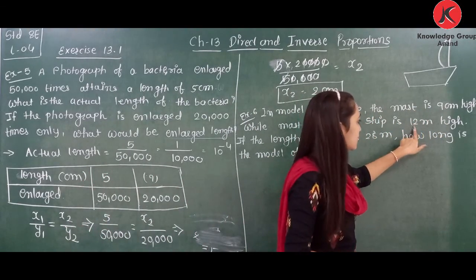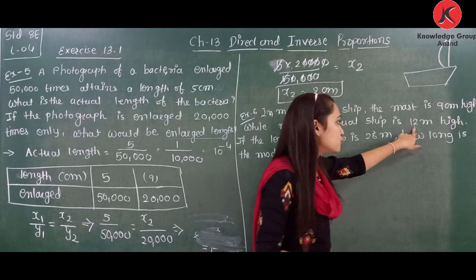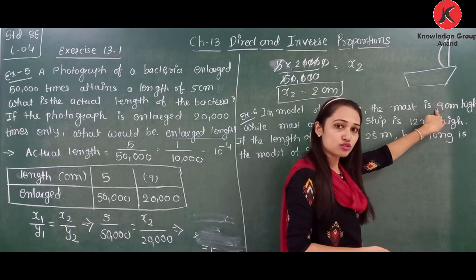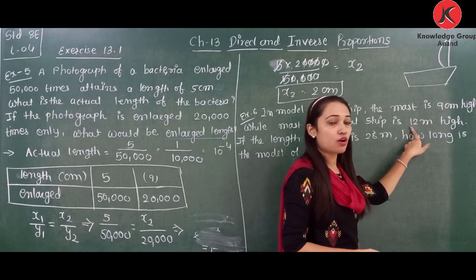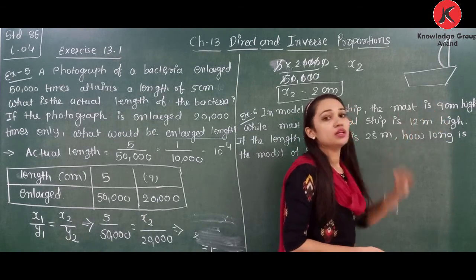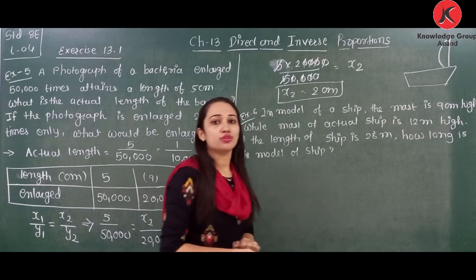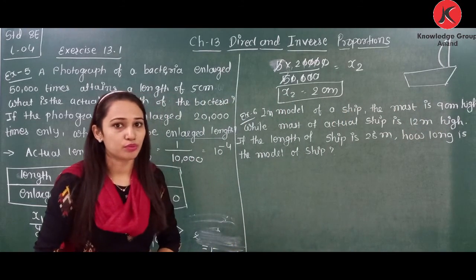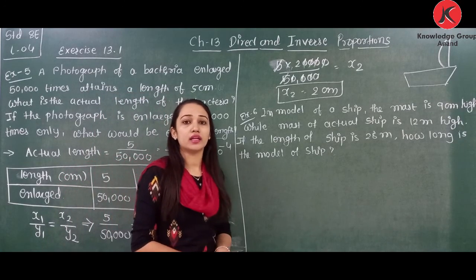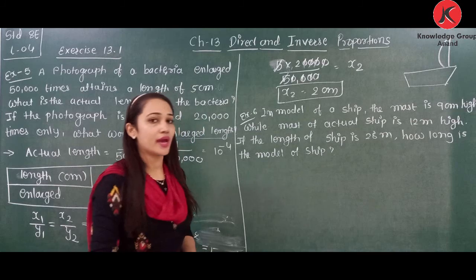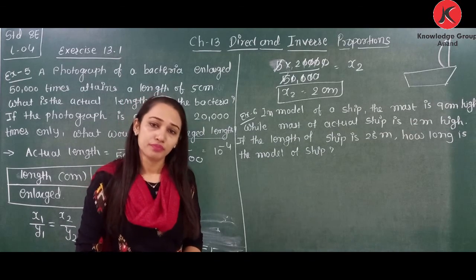So if we decrease the actual length, then in the model we also need to decrease. And if we increase the actual length, then in the model we also need to increase. So this is a direct proportion. So the model and actual length are in direct proportion. That's why we write the equation we use for direct proportion.